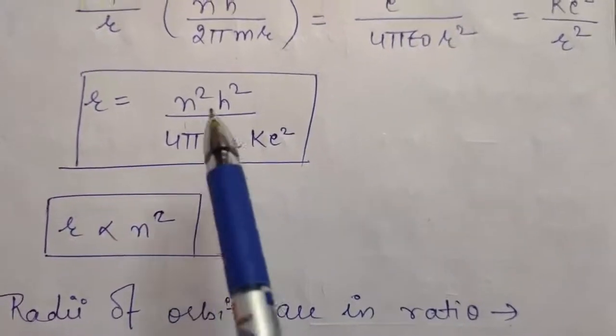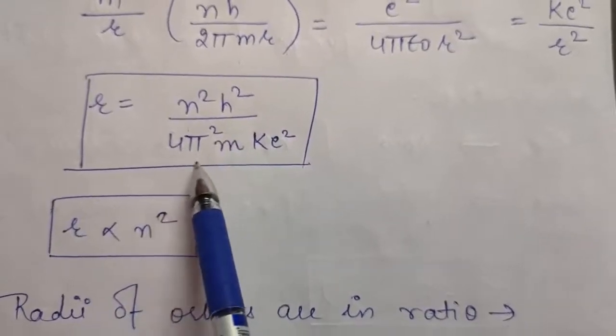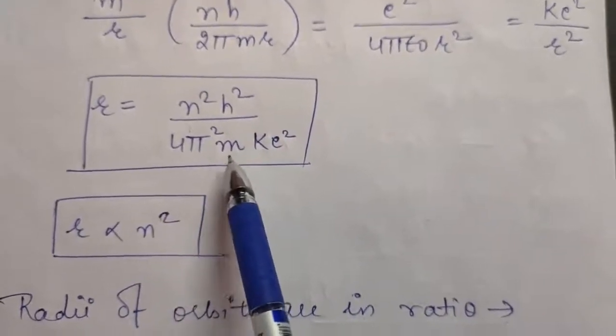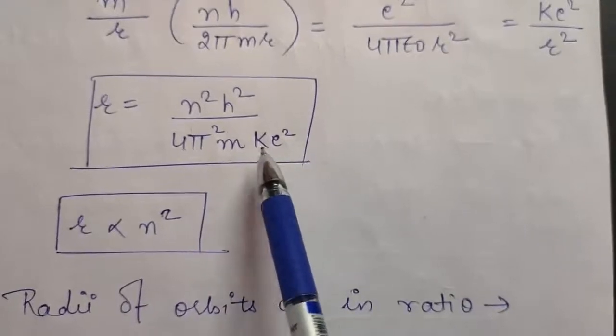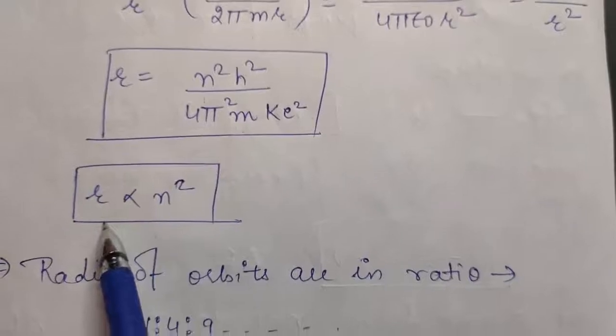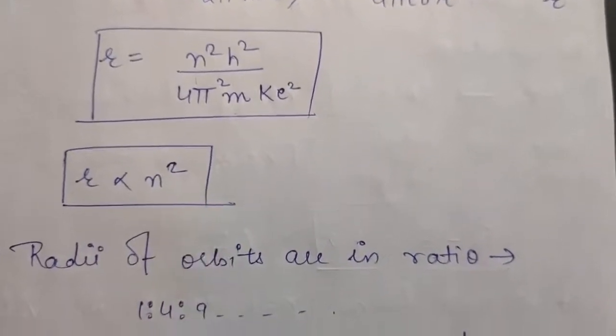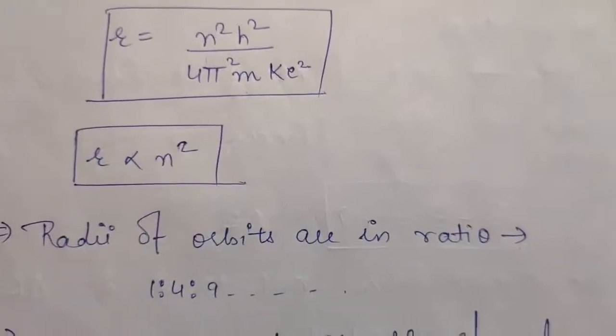So now if you see clearly here, h is a constant, that is Planck's constant. 4 pi is constant. Mass of electron is constant, e is constant, and k is again a constant. That means the radius of the Bohr stationary orbit is directly proportional to n square, or you can say the square of the principal quantum number.